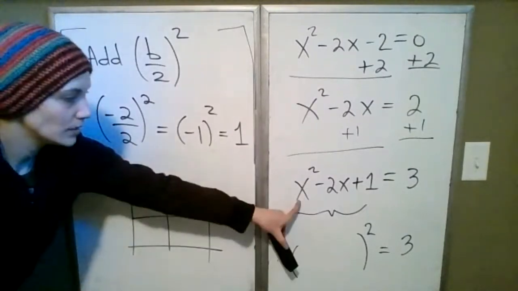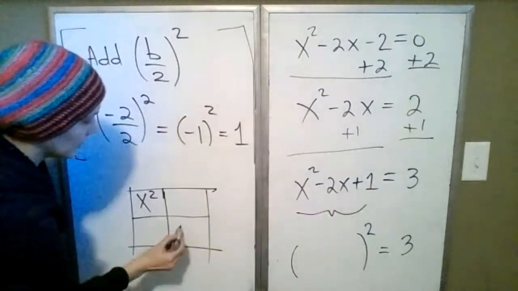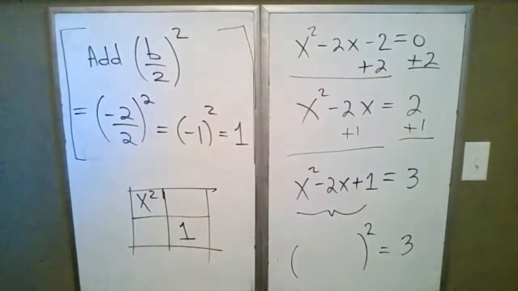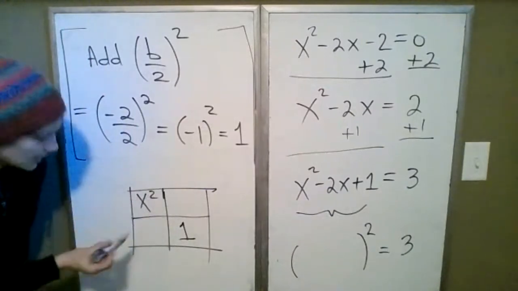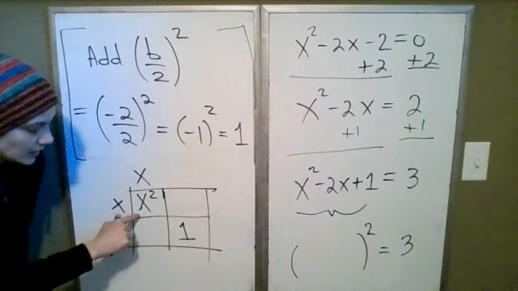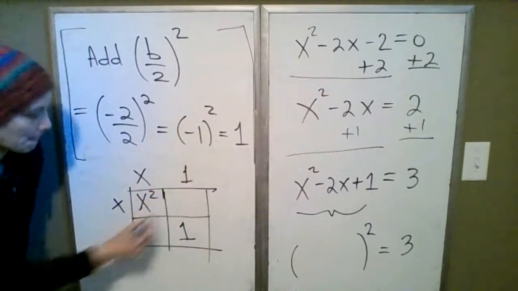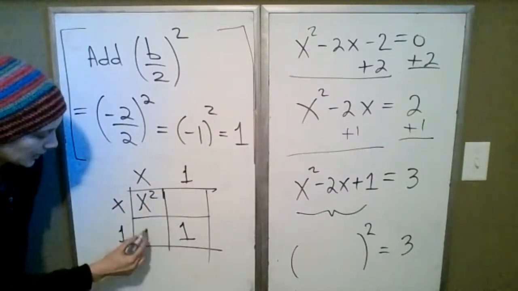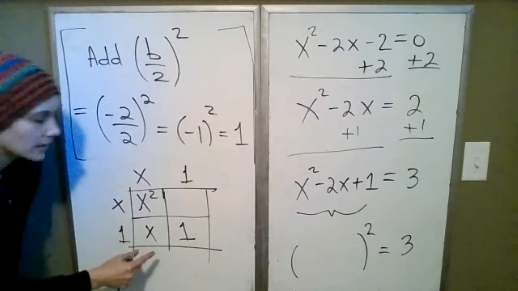Okay, so I want x squared and then positive 1. And I would start finding the sides. X times x is x squared. 1 times 1 is 1. So this is x. Well, if this were a positive 1, we'd have x right here.